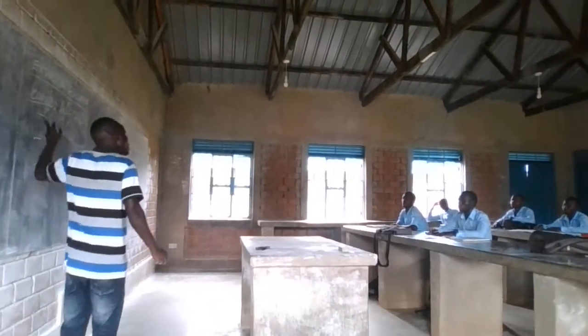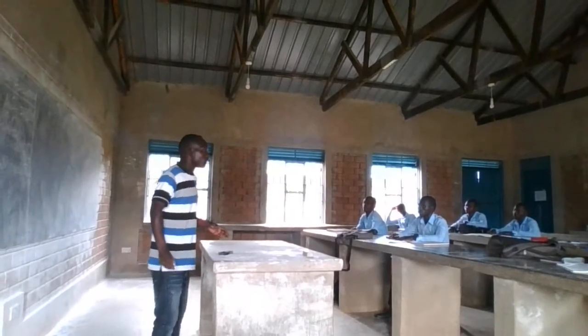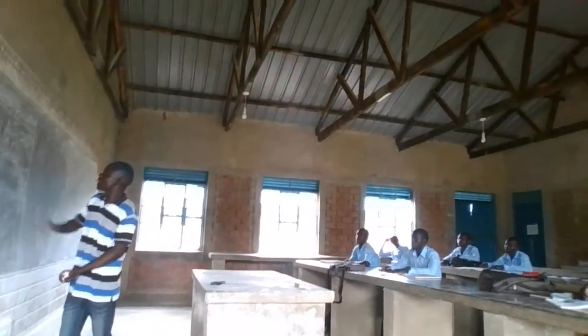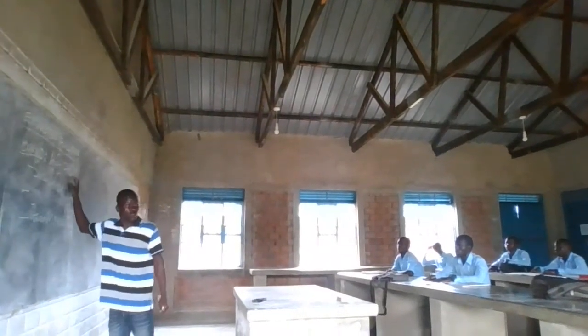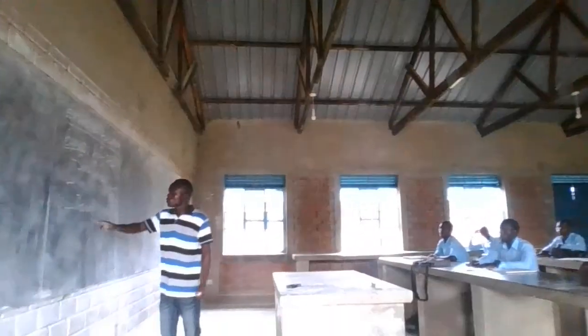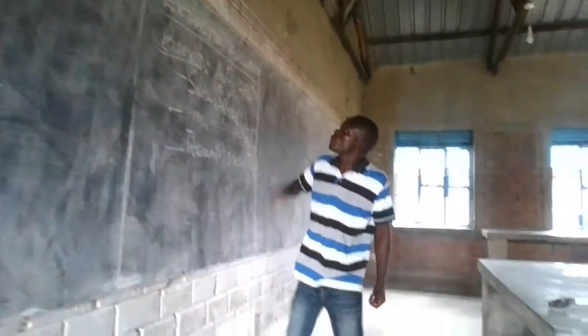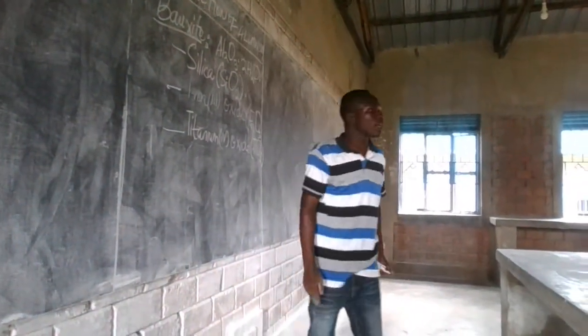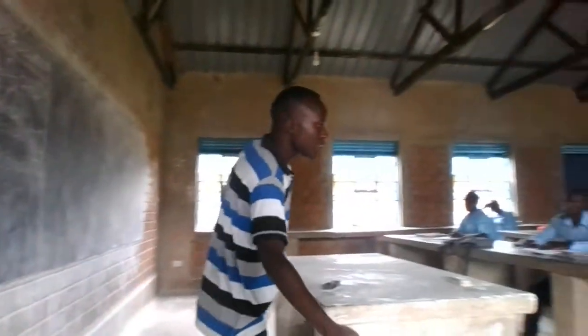So the impurities which are here, I need to first remove all of them. I don't want to see silica, I don't want to see iron 3 oxide, I don't want to see this water of crystallization, I also don't want to see titanium 4 oxide. I want to first remain with aluminium oxide alone. Then from aluminium oxide, I can now go and get aluminium from it.